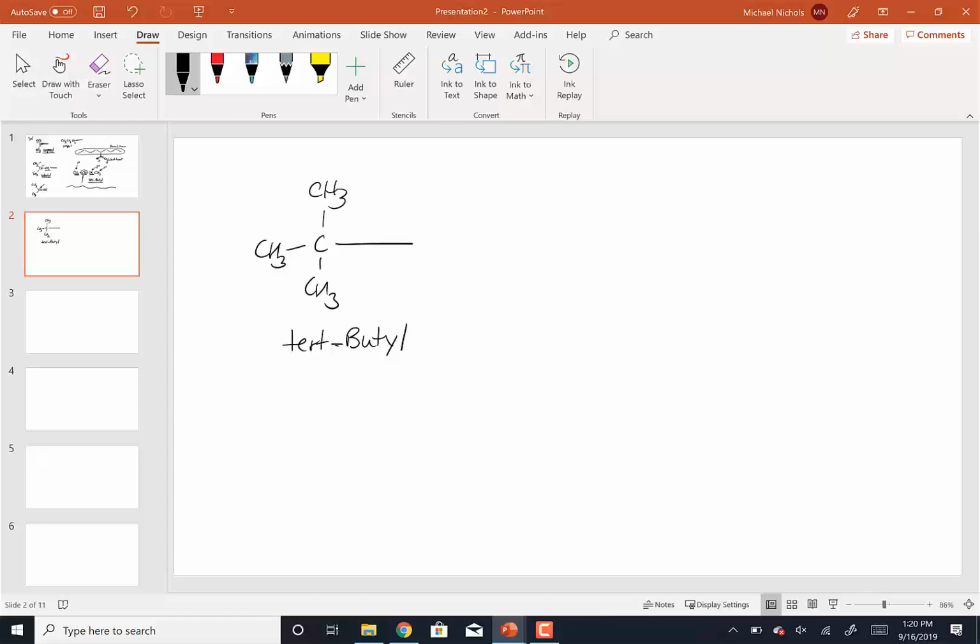Would you call it neo, like in the video? So neos don't happen until 5 carbon groups. In the 5 carbon groups, we've got a 5 carbon straight chain, unbranched, which would be pentyl.